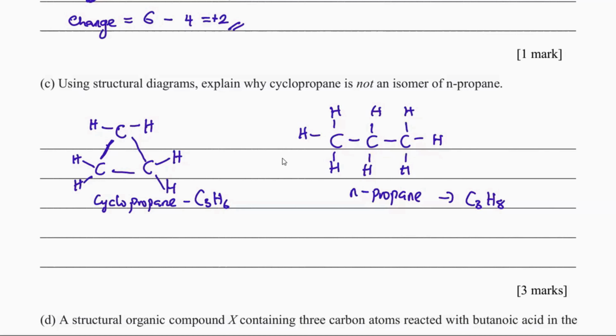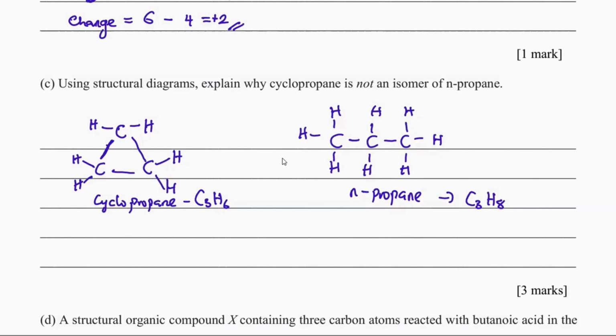Okay, now over to explaining why they are not isomers of each other. They both have different molecular formulas. For two things to be isomers of each other, they must have the same molecular formula but different structural formula. But that's not what we are seeing here.